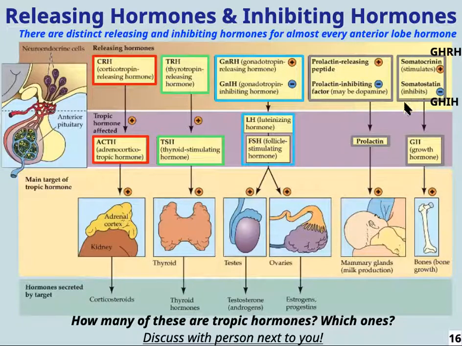Is that how many you counted as well? Since they influence the secretion of hormones from target organs, that makes these tropic hormones. But prolactin and growth hormone don't cause the secretion of hormones from the target organs, so that means they are not tropic hormones.